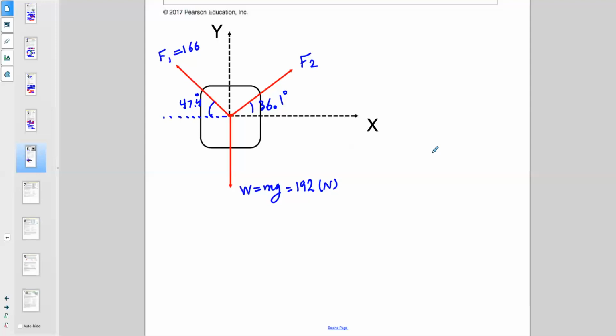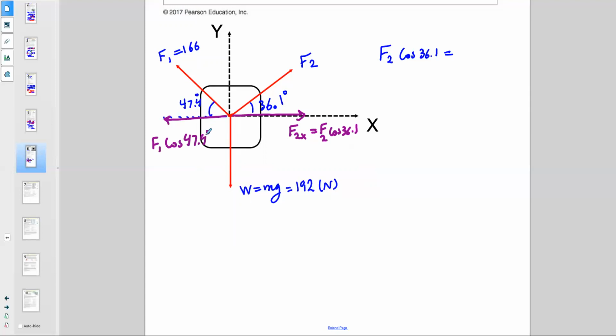In other words, F2x, which is F2 cosine of 36.1, should cancel out this force, which is F1 cosine of 47.4 degrees.